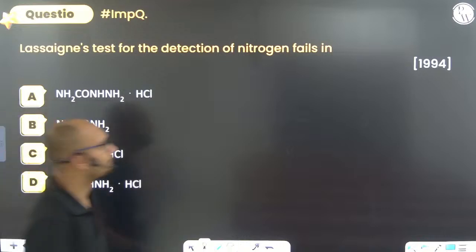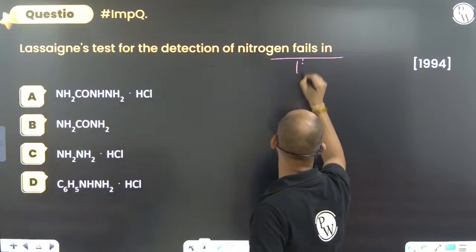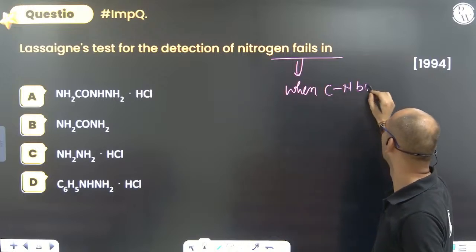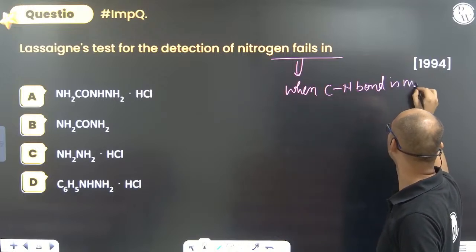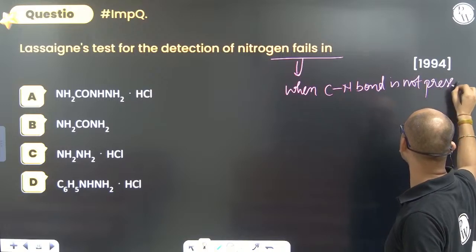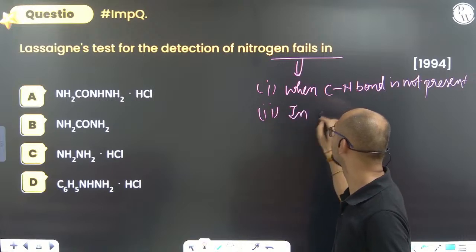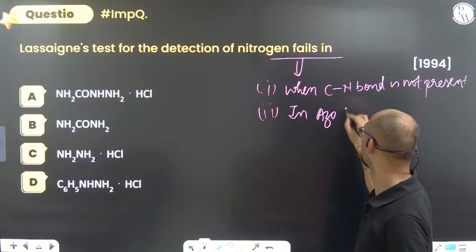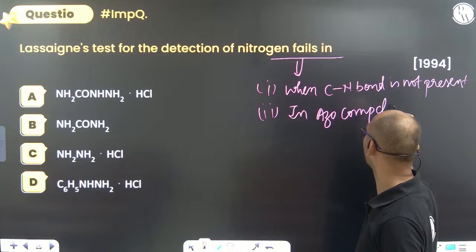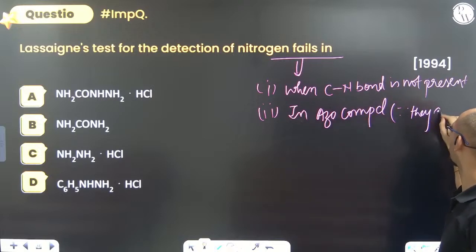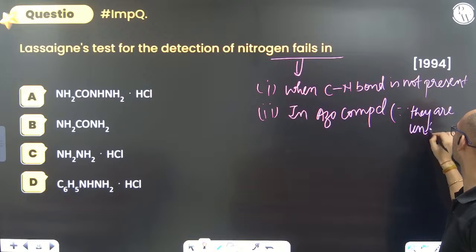Always remember, it fails when the CN bond is not present, first, and second, in azo compounds. Why in azo compounds? Because they are unstable.